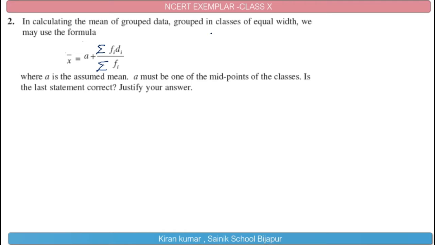Is the last statement correct? Justify your answer. Here, according to the question, A must be one of the midpoints of the classes. It need not be. It's not necessary. So, let me mention that not always.